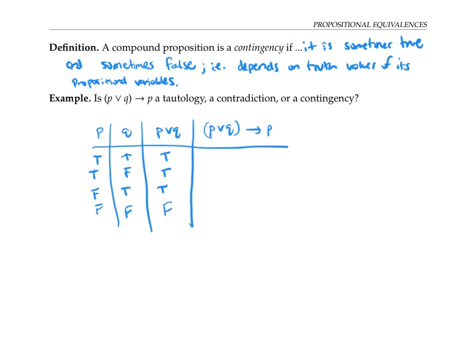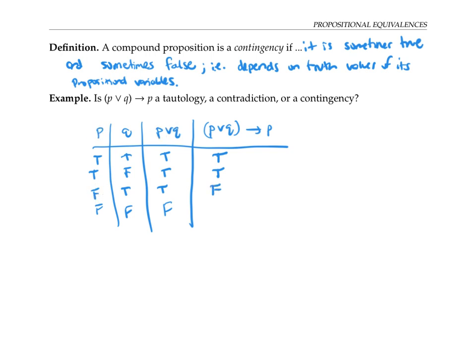this imply statement is going to be true when the premise is true and the conclusion is true. So in the first line, it'll be true. It'll be true in the second line for the same reason. It will not be true in the third line because in that case, the premise is true, but the conclusion is false.